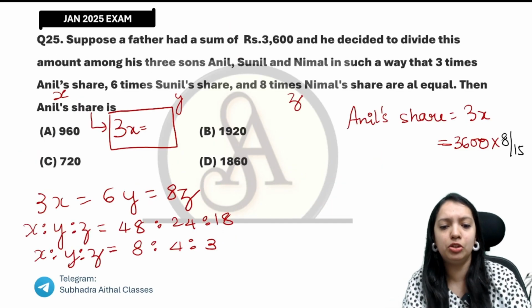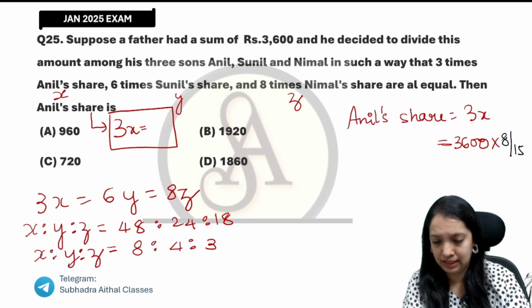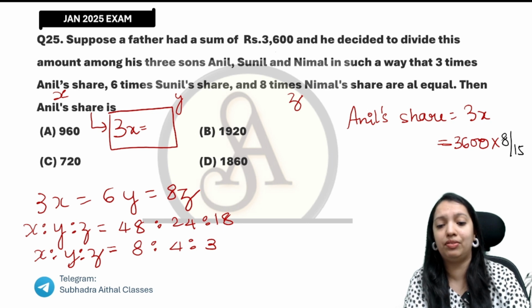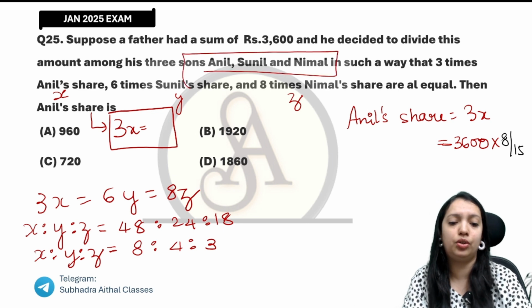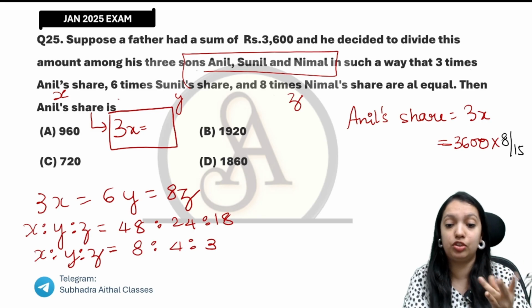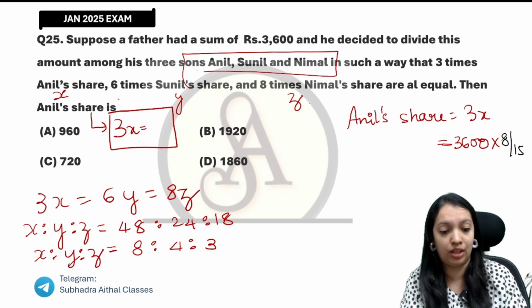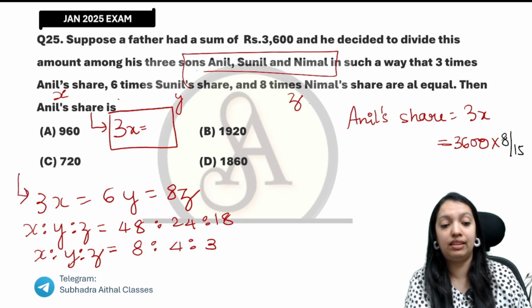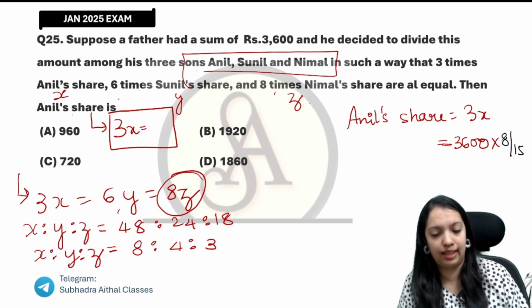Next, suppose the father had a sum of 3600 and he decides to divide this between Anil, Sunil and Nirmal in the ratio of 3 times, 6 times and 8 times. 3 times of Anil, 6 times of Sunil, 8 times of Nirmal, all of them are equal. So I can write that as 3x, 6y and 8z.